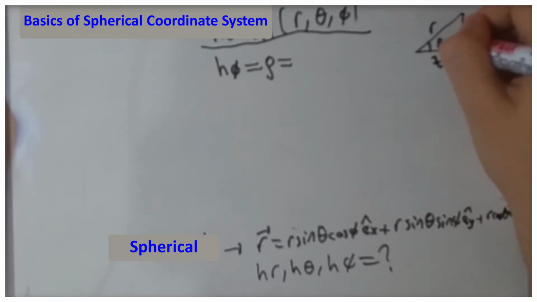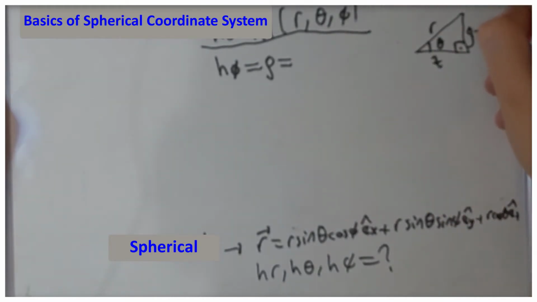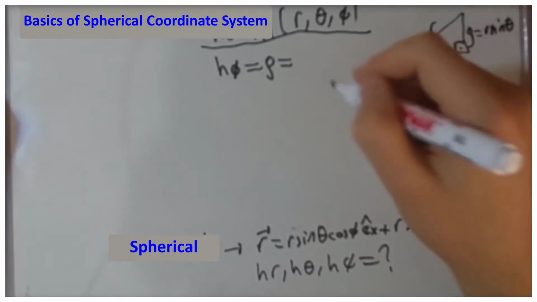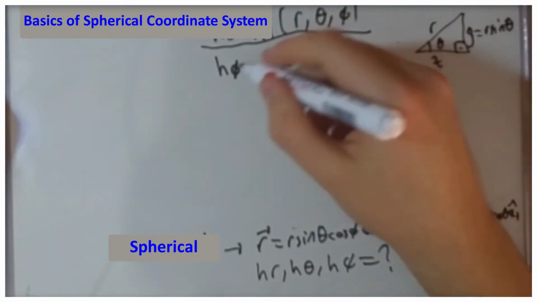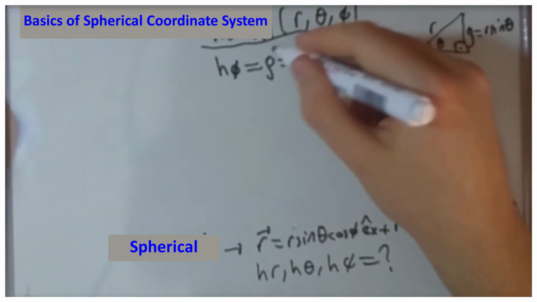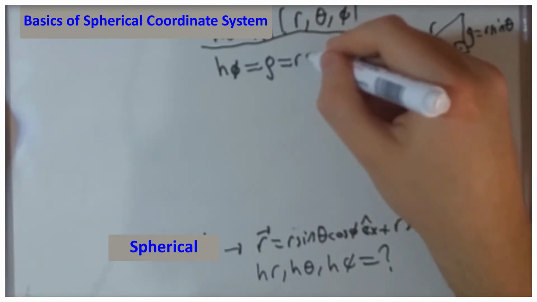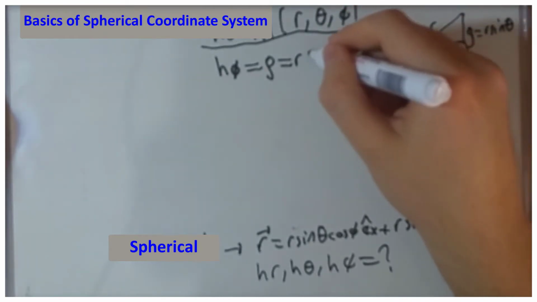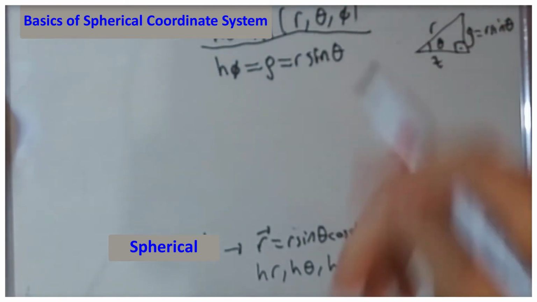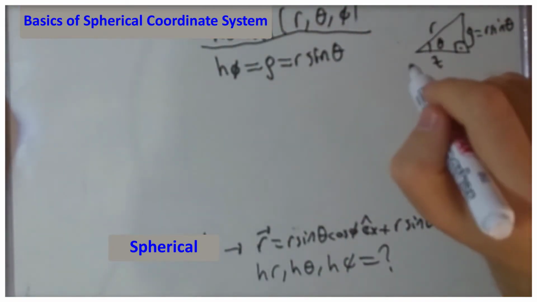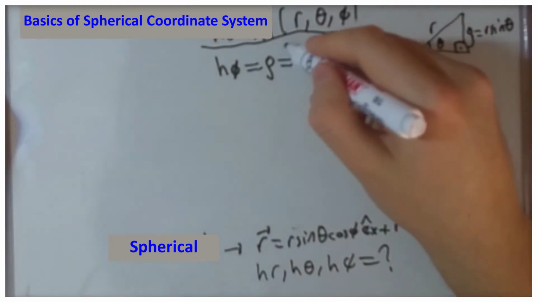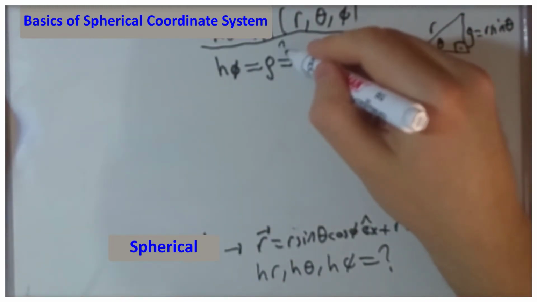What did we write for rho? We wrote r sin theta. Now look friends, h phi will not change here. It will be rho, but since rho does not have an expression here, I say we will find h phi as r sin theta. Let's see if we can find h phi as r sin theta.